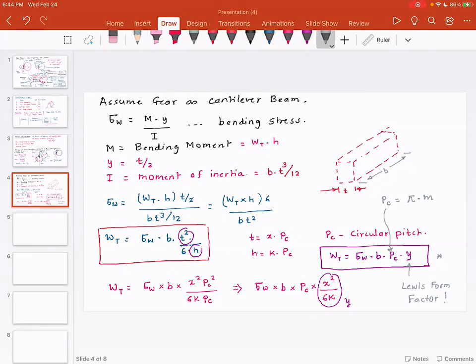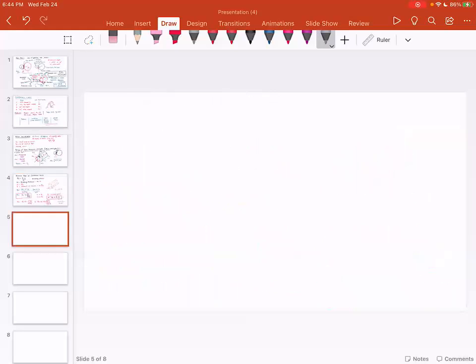And for different gear profiles, that relationship has been worked out, and we know the expression for Y. So I'm going to write this equation down because this equation is very important. WT is equal to sigma W multiplied by B multiplied by pi times M multiplied by Y.